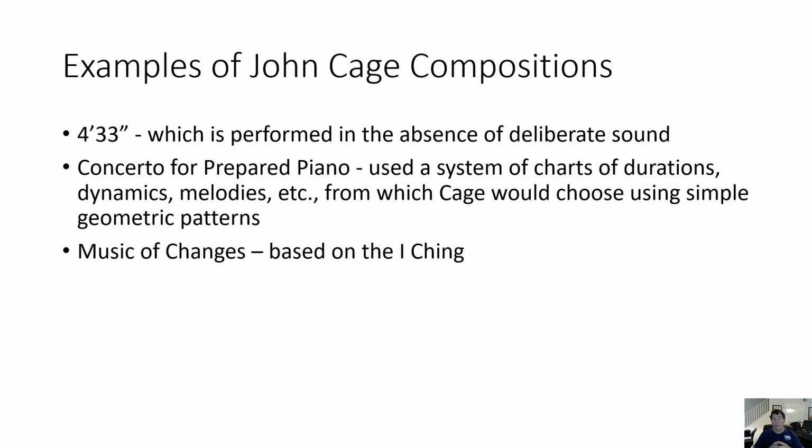So there was a lot open to interpretation from the performer. And then Cage would use these simple geometric patterns to indicate to the performer sort of how the piece should be played. The last really famous composition is called Music of Changes. And this is based on the ancient I Ching, where everything is done by chance.